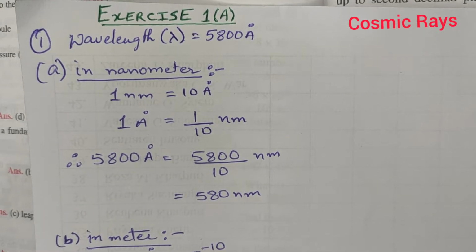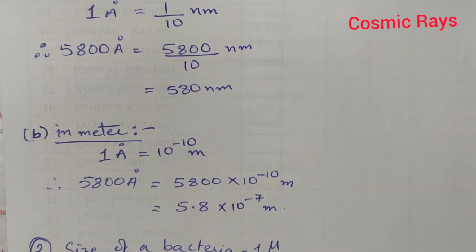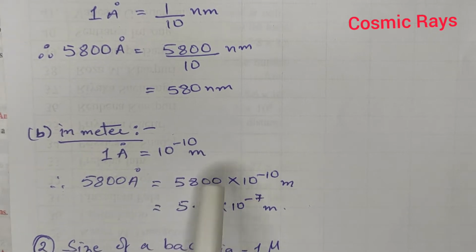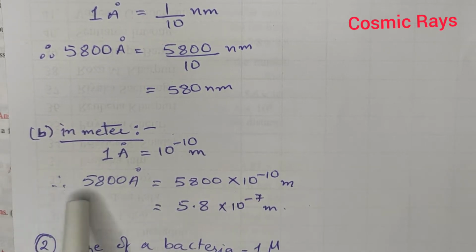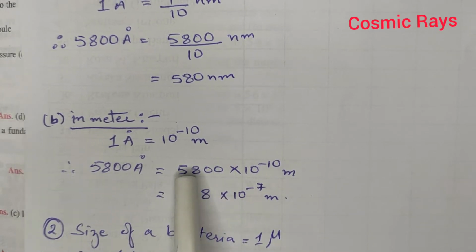Now the second part of the question says we have to convert it into meters. So 1 angstrom is 10 raised to the power minus 10 meters. So therefore 5800 angstrom would be 5800 into 10 raised to the power minus 10 meters. Now you divide it by 1000 so that you can get the point here.